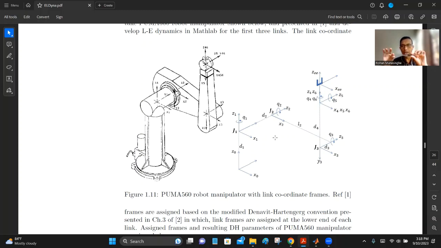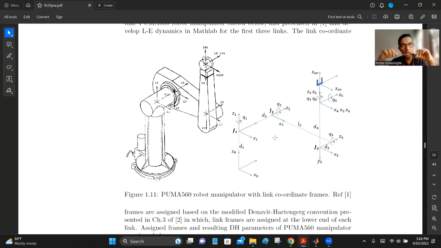We would rather like to have the start point, which is over here, and the frame is assigned at that point, like the origin is actually the base point or the lower end of the link. We would prefer to have it that way, but the standard DH table says no, the frame is assigned at the end of the link, okay?